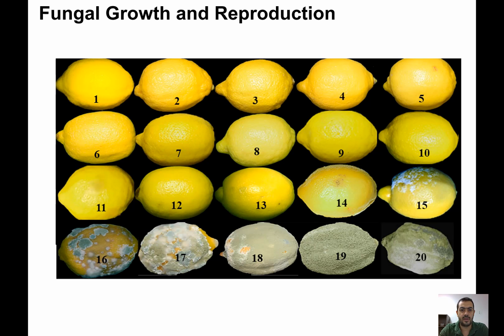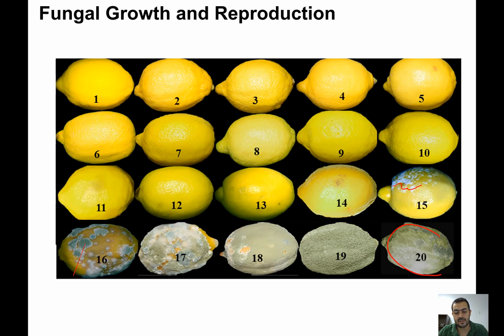It starts with a healthy lemon, and as the fungal growth progresses, you can see it starts to colonize the surface of the lemon, and we see this green coloration, which, as you know, are areas dense with spores, then the white edges which are not covered with spores, and then the fungal growth extends until it completely covers the whole lemon.